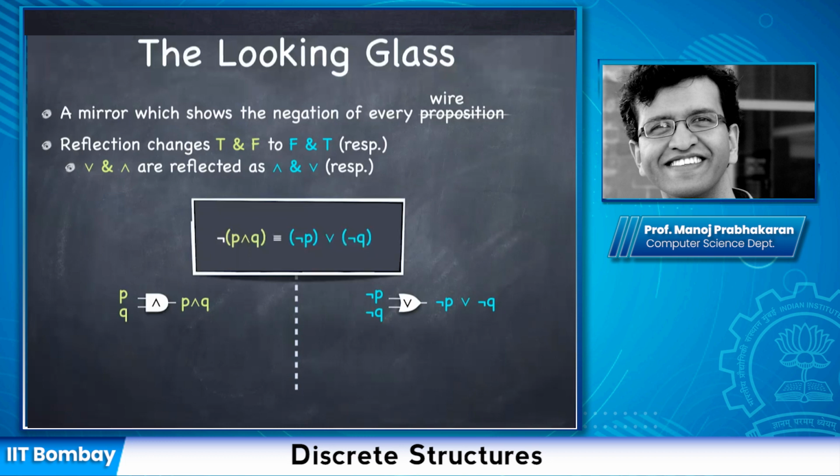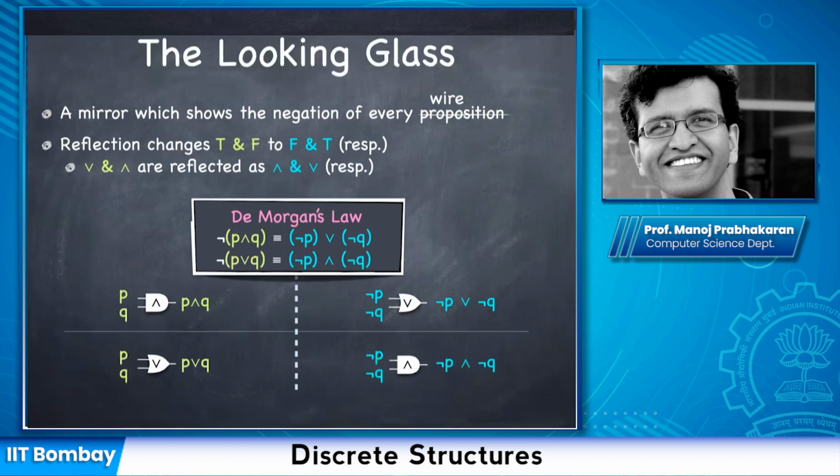This is De Morgan's law, which says the negation of P and Q is the same as what you're seeing here, so that is not P or not Q. Okay, so that's De Morgan's law for negating a conjunction. We also have De Morgan's law for negating a disjunction, and in terms of the mirror, this is what it looks like, right? The OR gate is reflected as the AND gate.